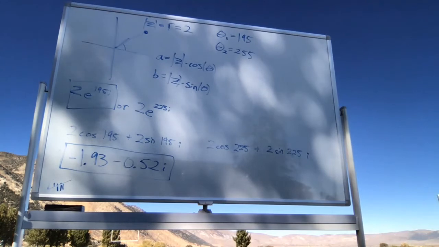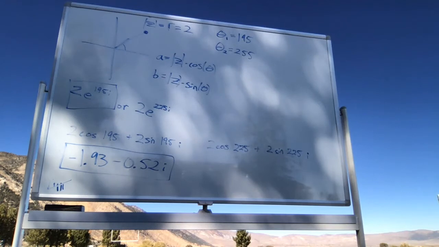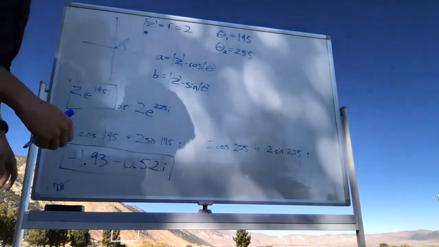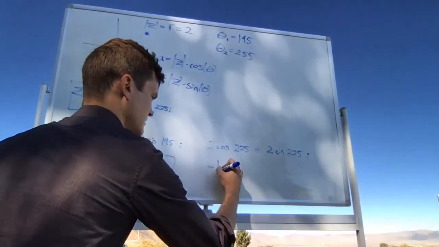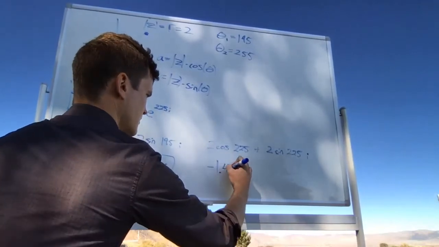All right, calculators. What is 2 cosine of 225? Negative 1.41. Okay, thank you.